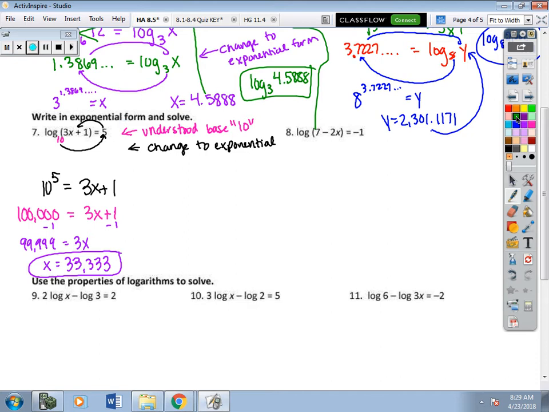Next one, same thing. We have a common log, so this is a base 10. So this will become 10 to the negative 1 power equals 7 minus 2x. Now 10 to the negative 1 power is 1/10. That'd be 1 over 10 to the positive 1. So if you want to do that as a decimal instead of a fraction, like 0.1, you could.